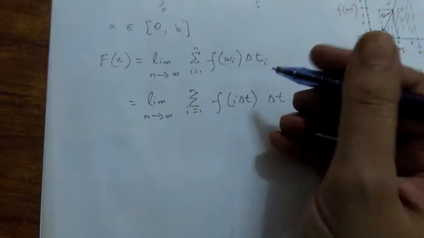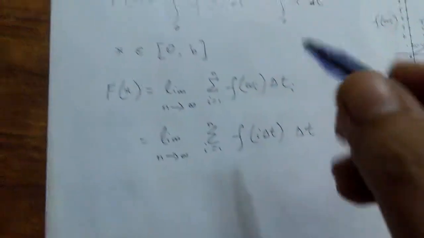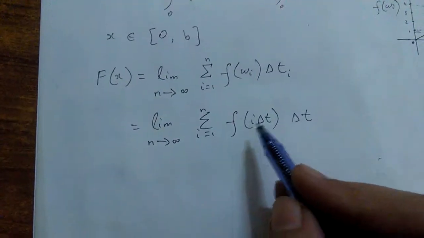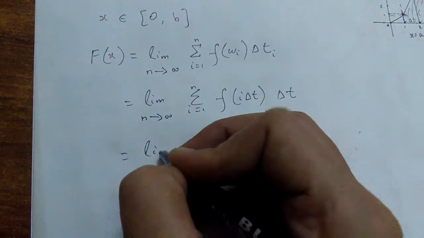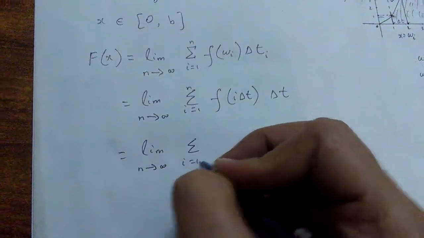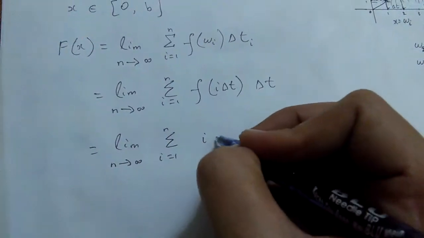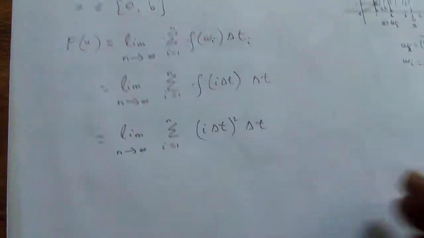Okay, I'm not writing i in the subscript just to avoid complication. All right, so now you see your f of t is t squared, so f of i del t is going to be (i del t) whole squared. Okay, so now we just keep on moving following the limit concepts, and it is going to be (i del t) whole squared into del t.